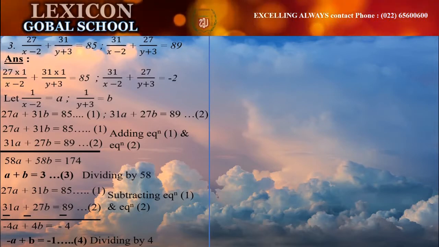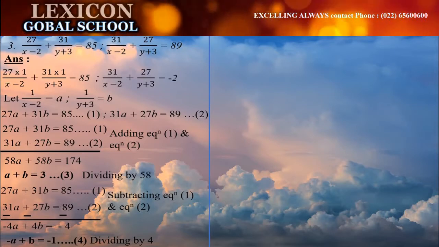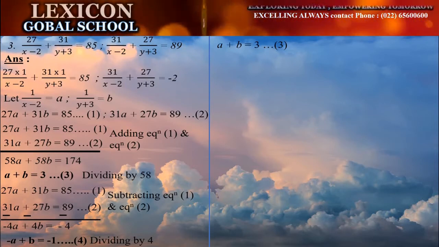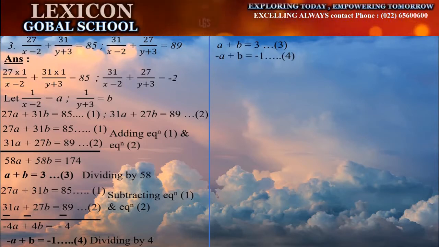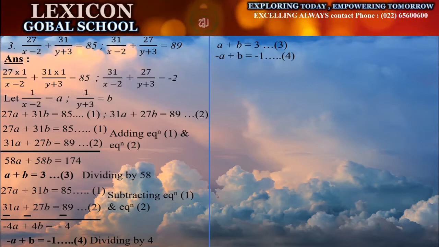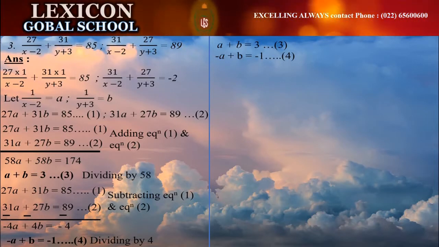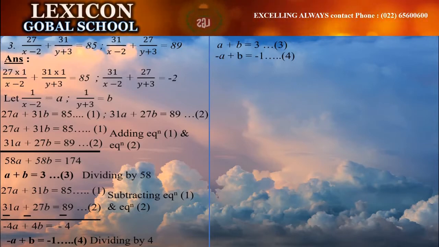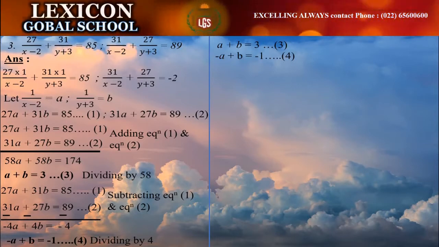Now we are going to simultaneously solve equation 3 and equation 4. Therefore a plus b is equal to 3 is our equation 3. Minus a plus b is equal to minus 1 is equation 4. As you can see, the coefficients of a are the same in magnitude, so we don't need to equalize the coefficients.